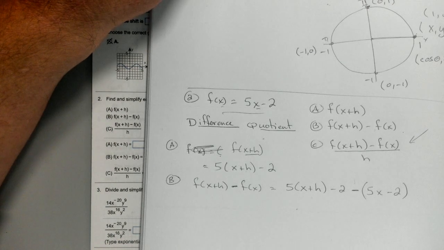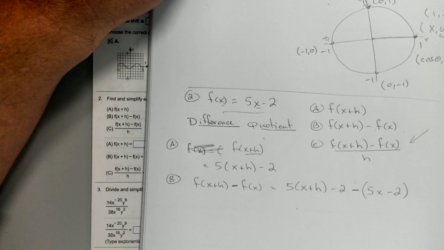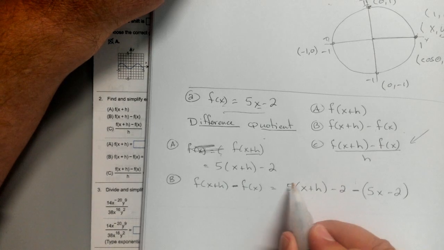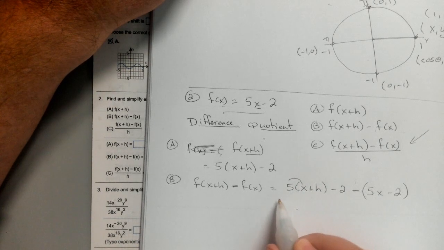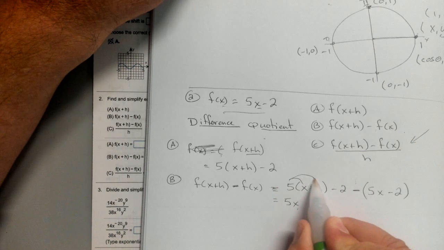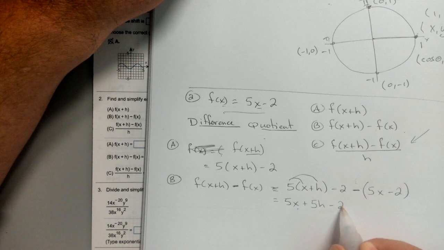Let's go ahead and simplify this one. So we have 5 times x is 5x. 5 times h is 5h, minus 2.